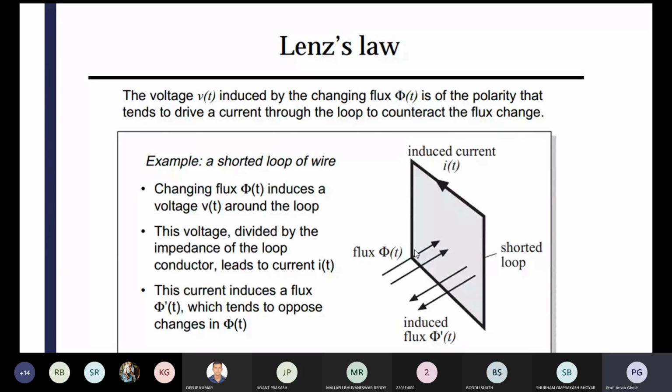After getting the current direction, that current is also responsible for a magnetic field. If you see the magnetic field from the right hand thumb rule, you can see that the induced EMF direction is countering your main field flux.